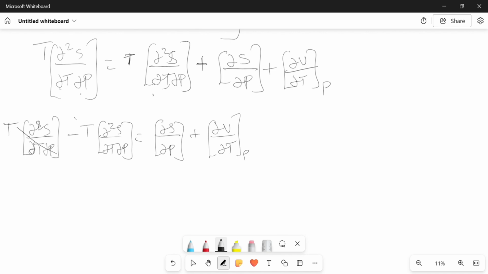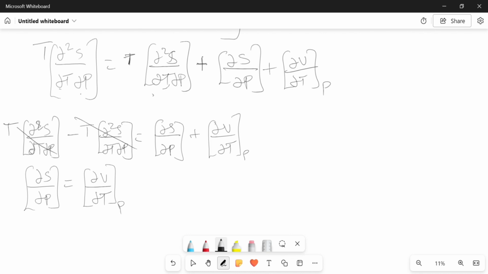So this can cancel out the 0. So if I bring the V over the T to the other side, then I can actually conclude that del S over del P is actually equal to del V over del T at constant pressure.